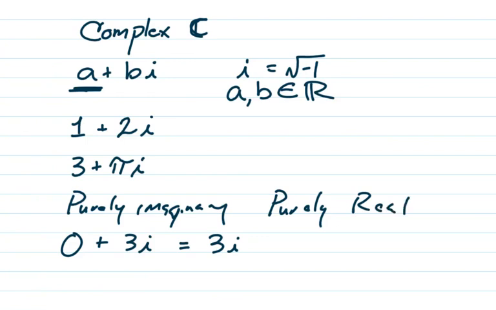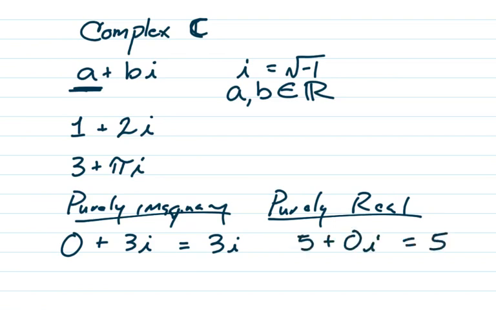Okay, if we wanted a purely real number, we'll call them, then their imaginary component would be 0. And those are the numbers that you're used to. So if we had 5 plus 0i, well, that's just the number 5. But all these numbers can be written as complex numbers. But when we talk about the complex numbers, we're referring to every number, including numbers that have i in them.